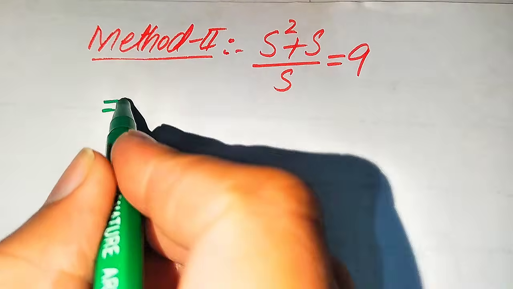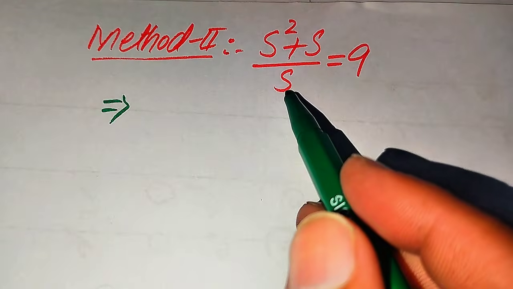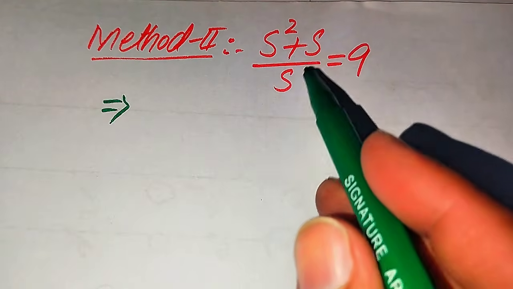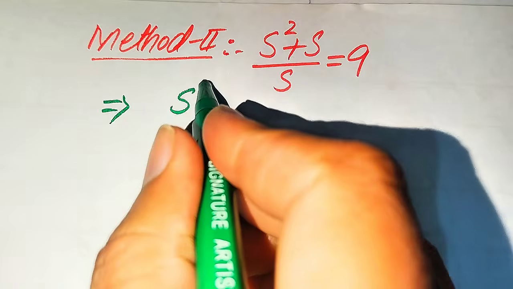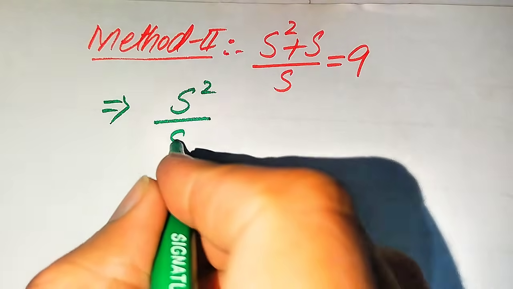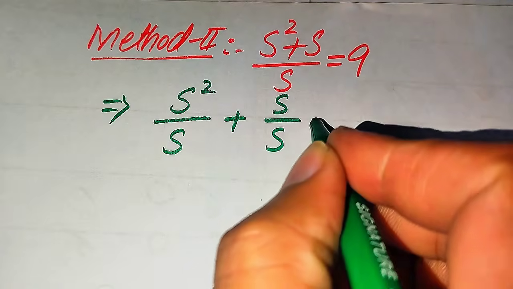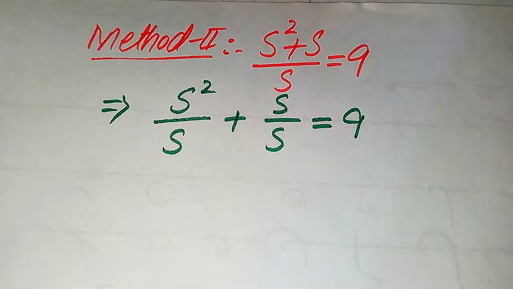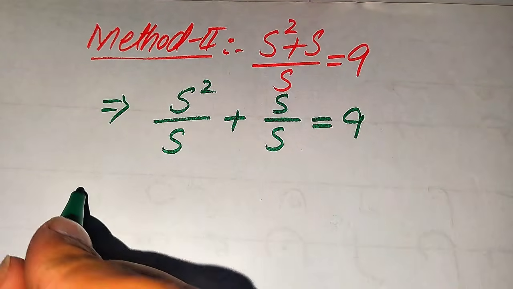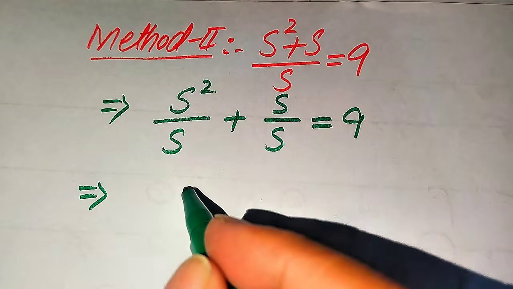In this method we break this fraction, and we write the s separately on both of these values, and it will be written as s square divided by s plus s divided by s equals 9. And now we use the nice exponential law.